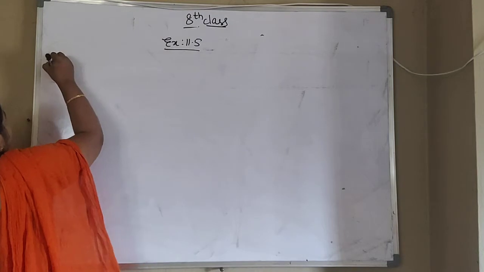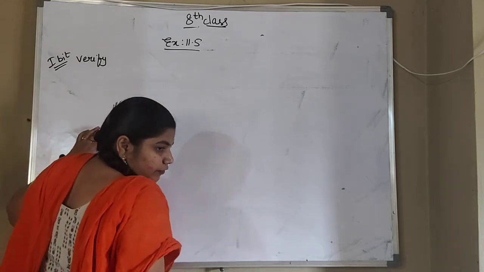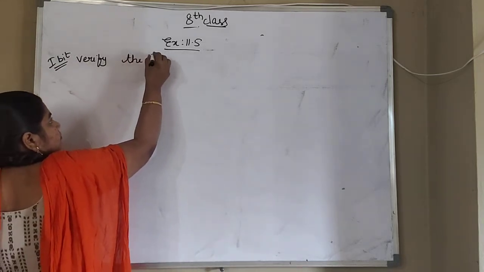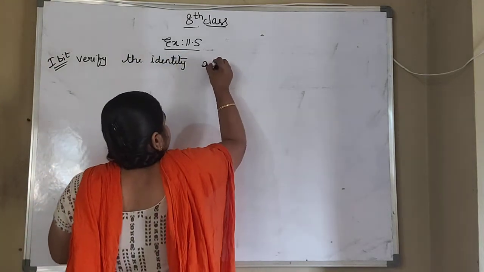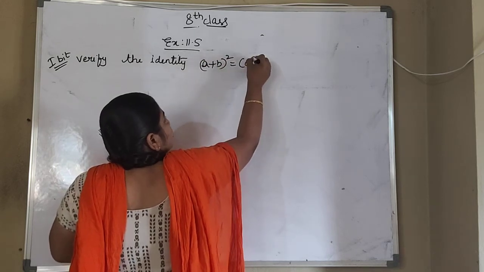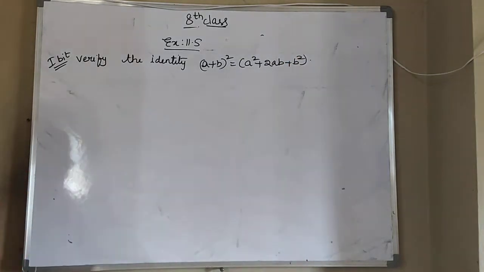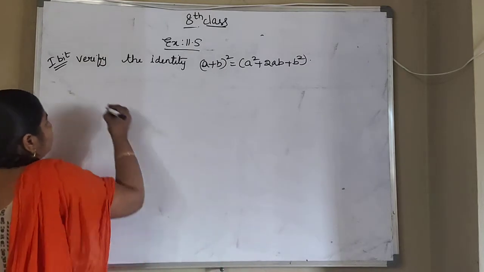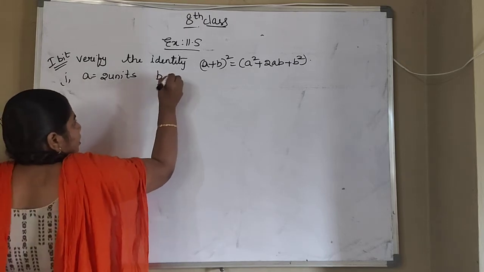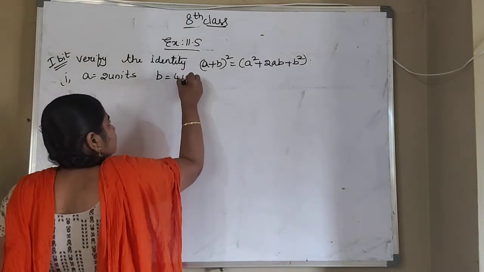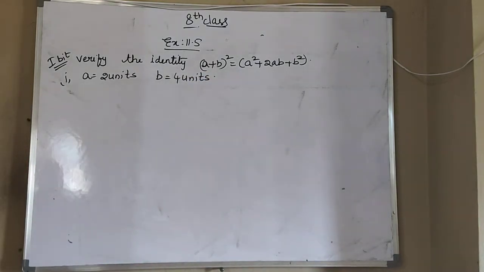The first bit is: verify the identity (a plus b) whole square is equal to a square plus 2ab plus b square. They have given the a value as 2 units and the b value as 4 units. So we have to verify this now.